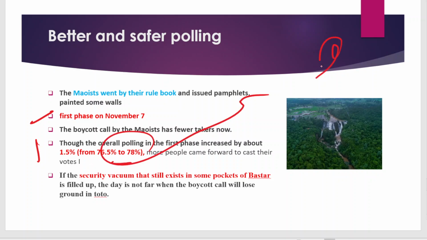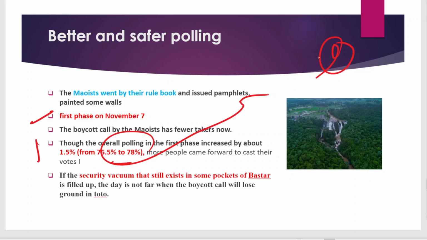That is a big achievement: people are participating more and more and coming to cast their votes. So they need development, progress, education, health, and the benefit of government schemes. It will be done if the rule of law and stability of the region prevail.